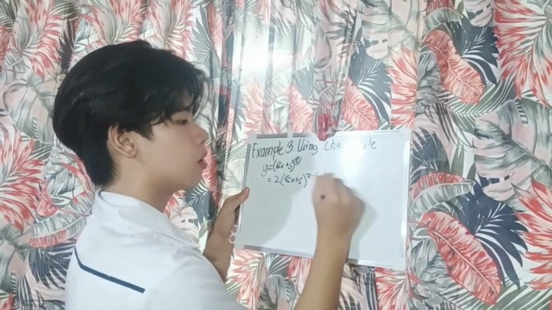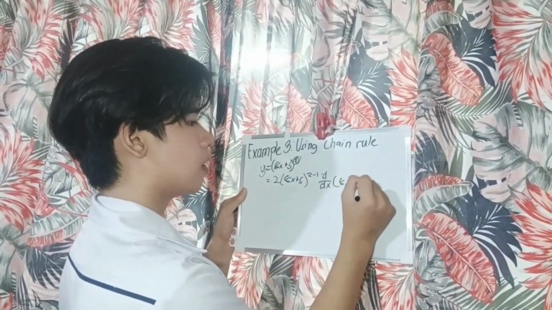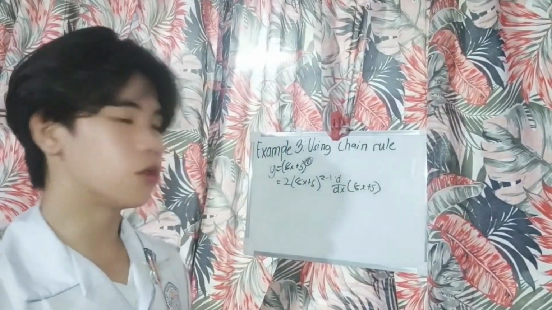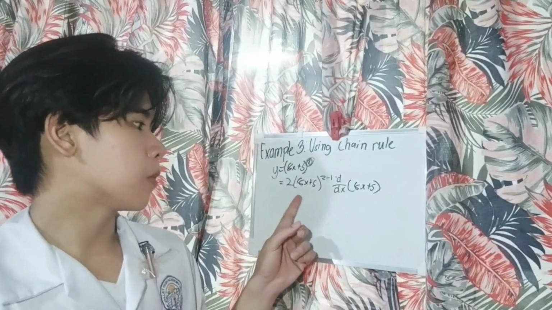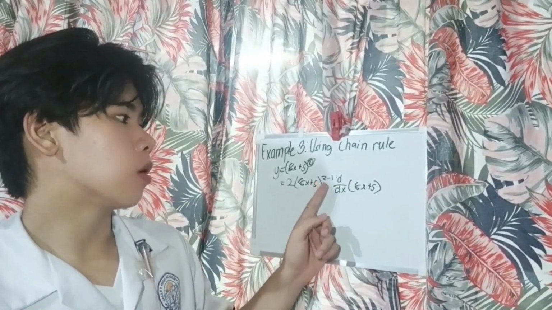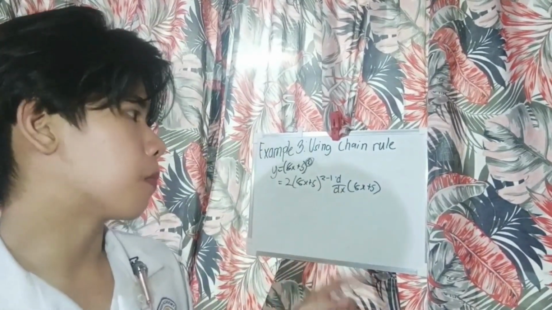Then the derivative of 8x plus 5. So this is our solution right here: 2 times (8x plus 5) times the derivative of 8x plus 5.